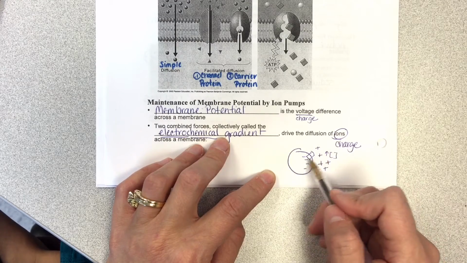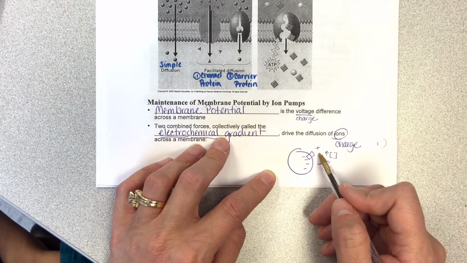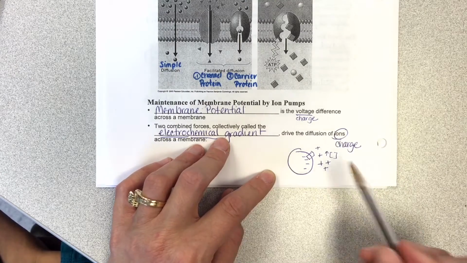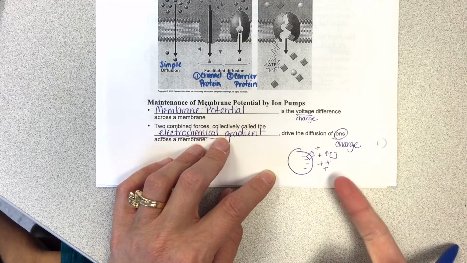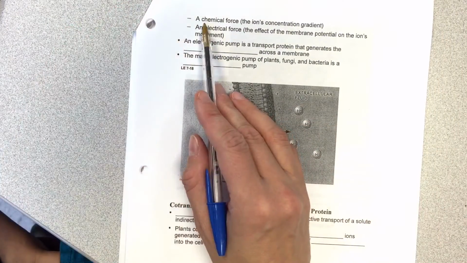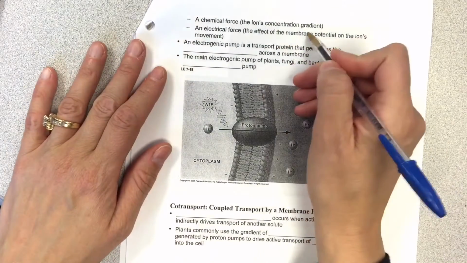But another thing that might play a role is that opposite charges attract, so these positive ions are actually attracted to the negative inside of the cell. So when we're talking about ions, there's 2 kinds of things that determine which direction it's going to move. The concentration gradient, but also the charge difference. And so that's what these 2 here explain. So the chemical force is the ion's concentration gradient.